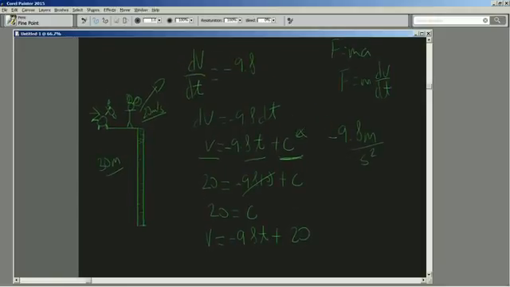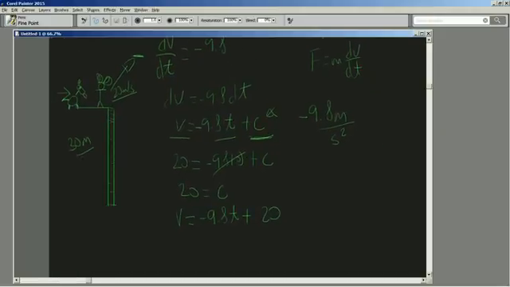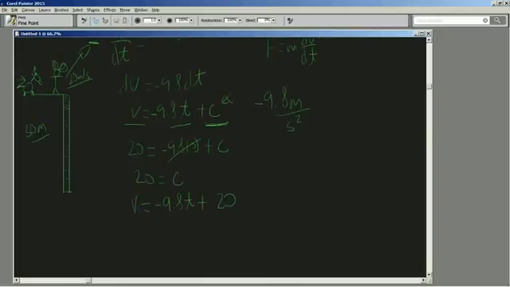So now that we have this, how do we figure out when he is at the highest point? Well, if we picture this, he comes up and goes down, right? And so what we want to find is where velocity is 0.